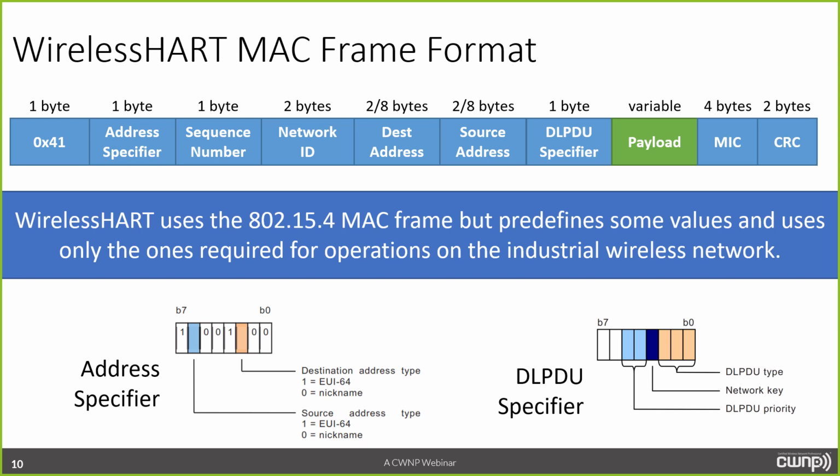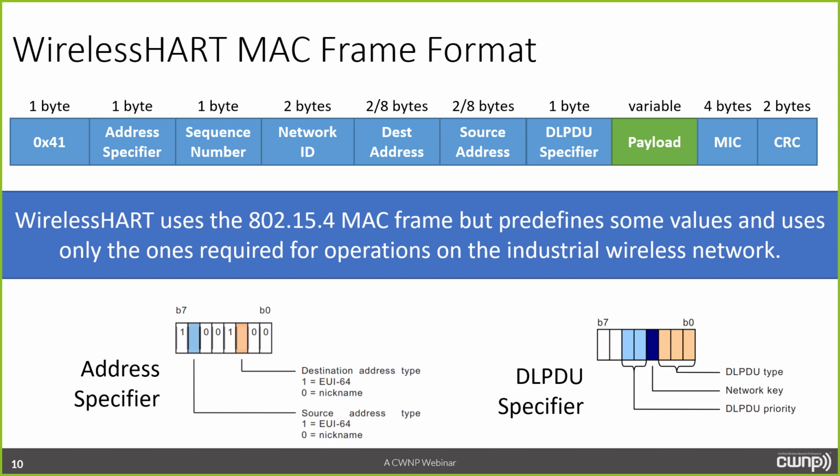So in 802.15.4, these entire first 16 bits or 2 bytes or 2 octets are the frame type field. But WirelessHART says we're going to take that second half and use it for a specific purpose, the address specifier. And you see the address specifier pulled out in the bottom of the slide here.